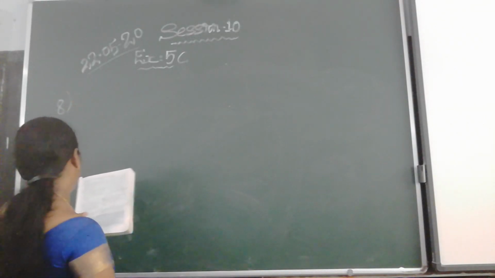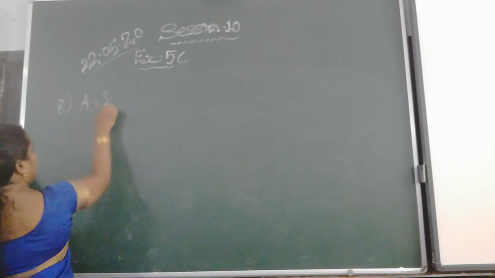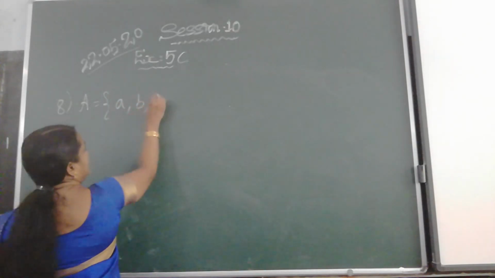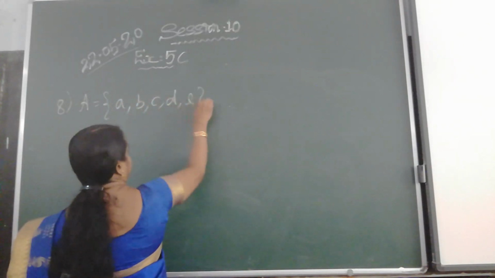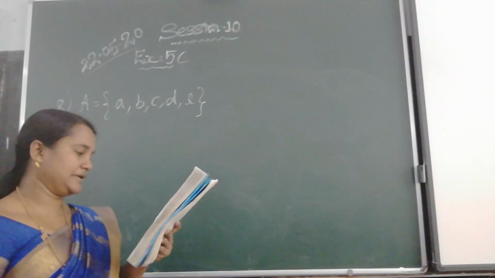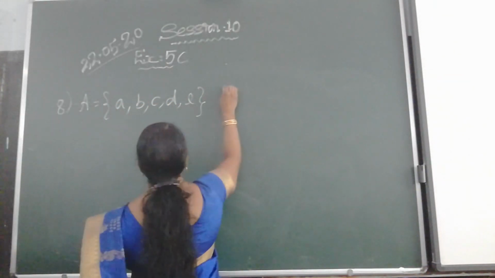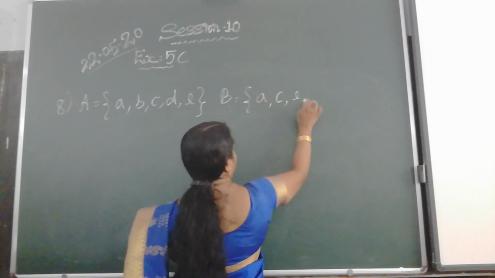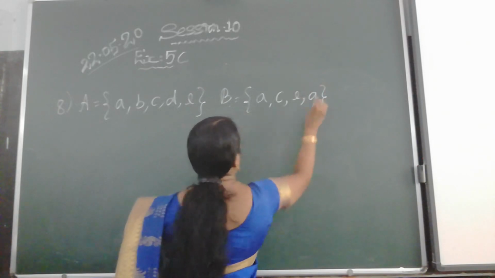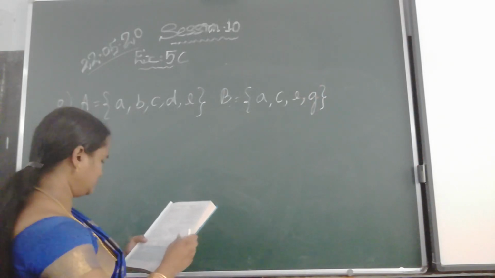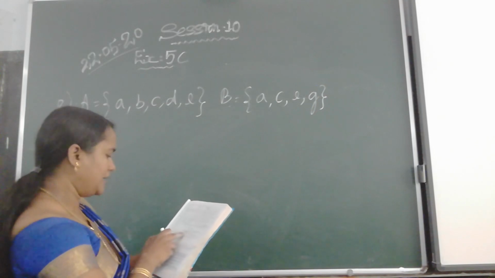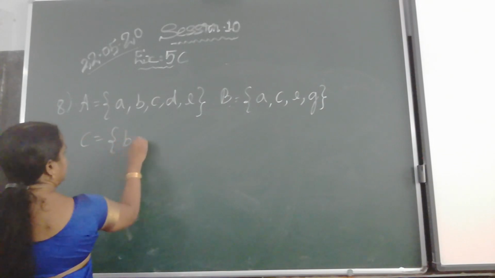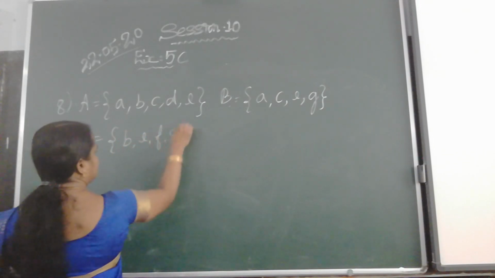They told us to verify. A is given: A, B, C, D, E. Then B is given: A, C, E, G. And C is given: D, E, F, G. Okay.